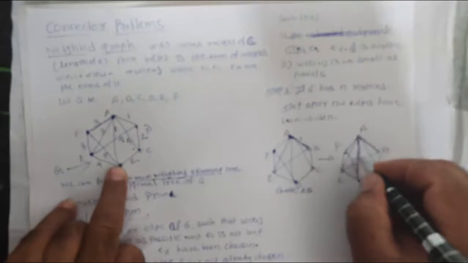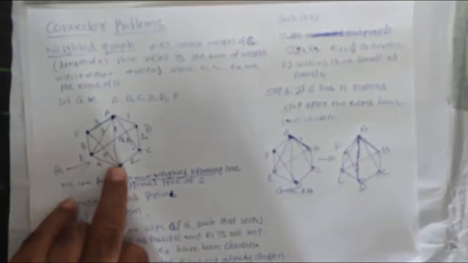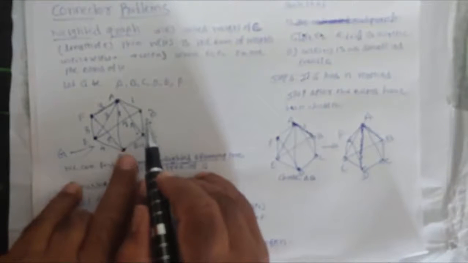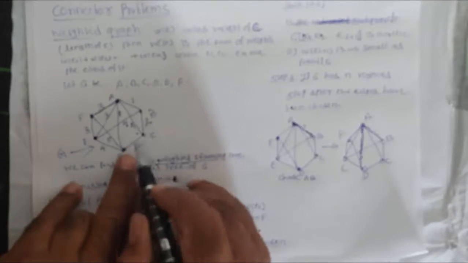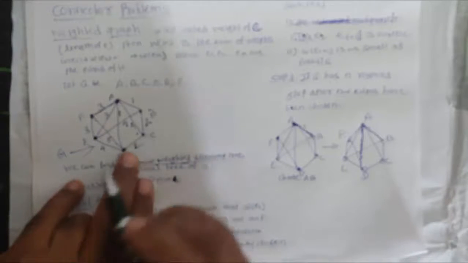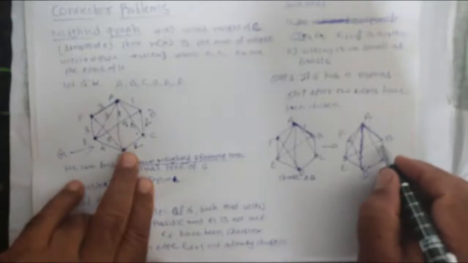Then these two edges do not form a cycle. Again, choose this or this, from any one.